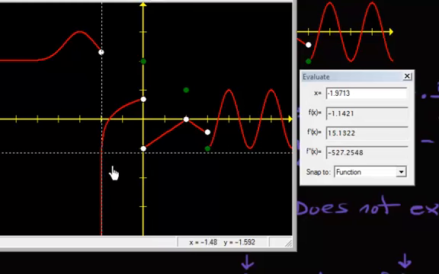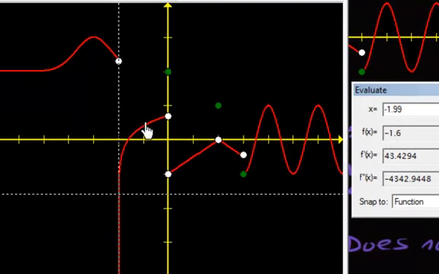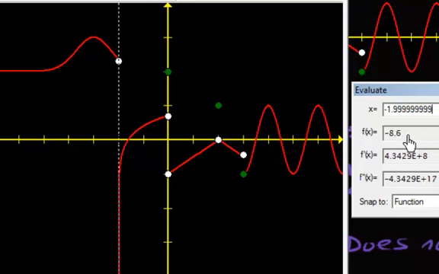Now if we come over here and I said negative 1.99, you can see that we have this y value, negative 1.6. What happens when we get really, really close to negative 2? You can see these y values just keep going down and down and down. So we know that as x gets close to negative 2, it looks like we're going down to negative infinity.